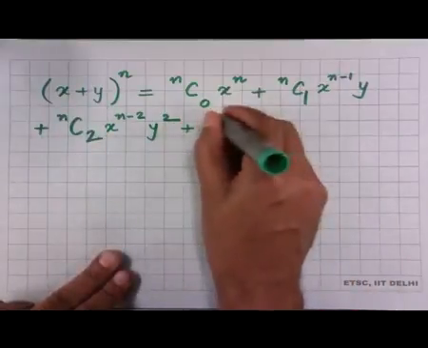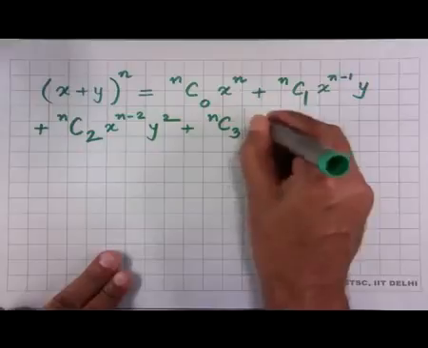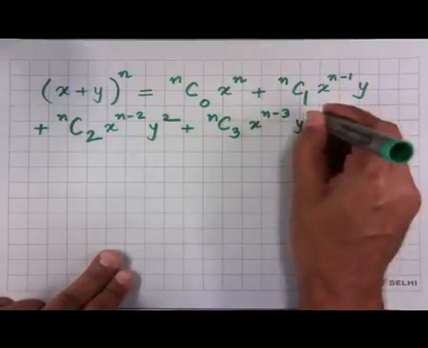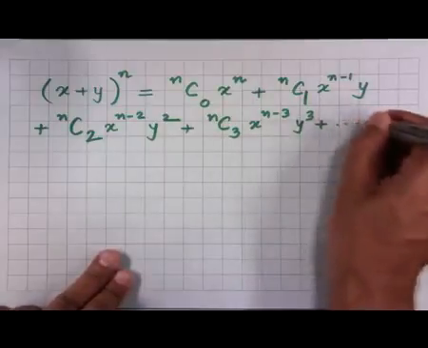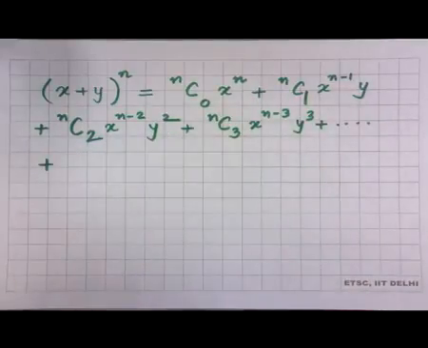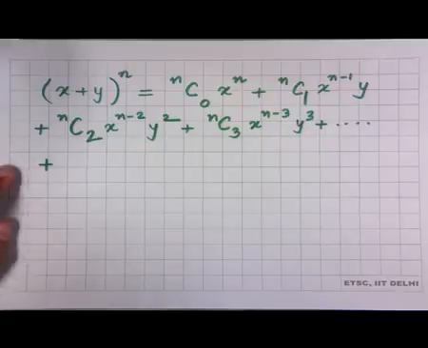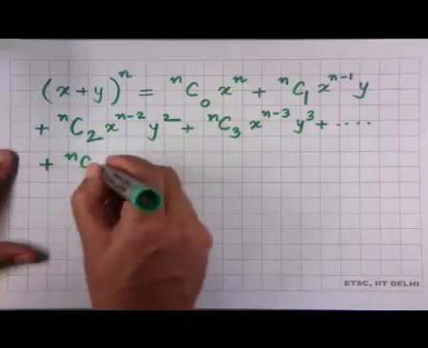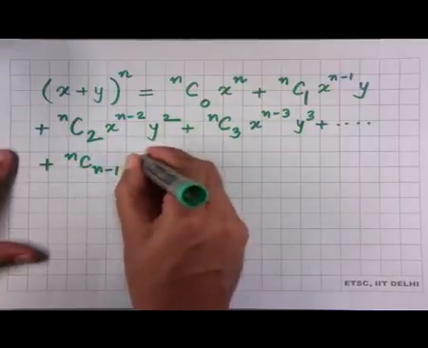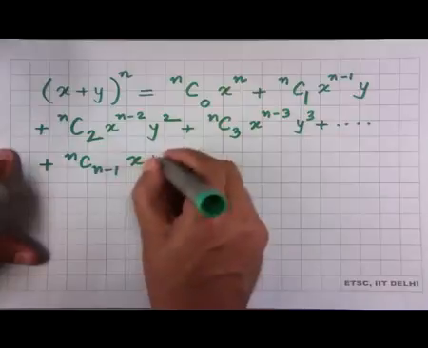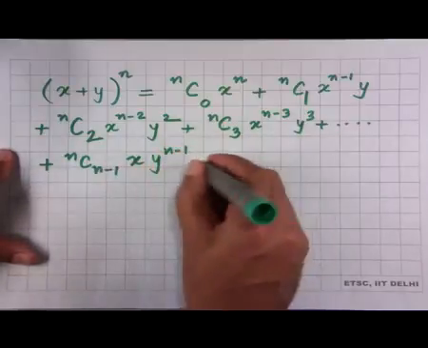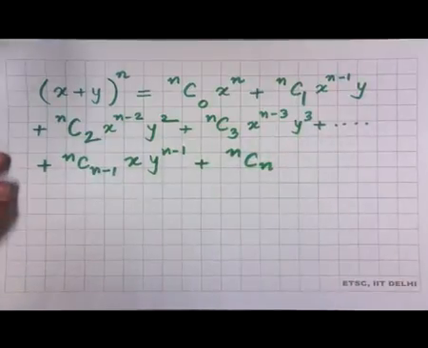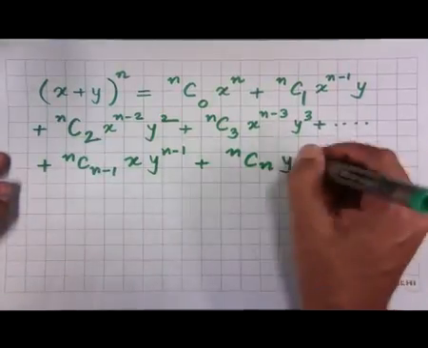Then you are choosing 3 y's and remaining n minus 3 x's. And this series goes on and on till you end up with n choose n minus 1, and then you choose only 1 x and n minus 1 y's, and lastly you choose all n as y's and no x's at all.